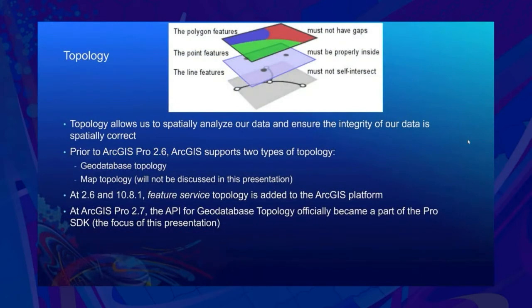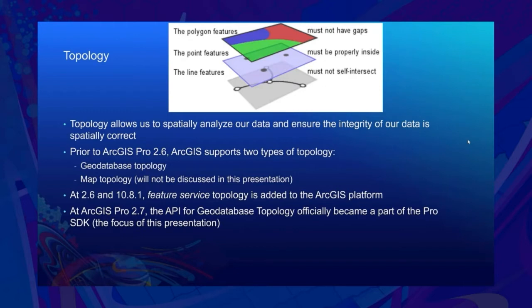What is topology? Topology allows us to spatially analyze our data as well as ensure the integrity of our data is spatially correct. Prior to ArcGIS Pro 2.6, there are 2 types of topologies in ArcGIS.